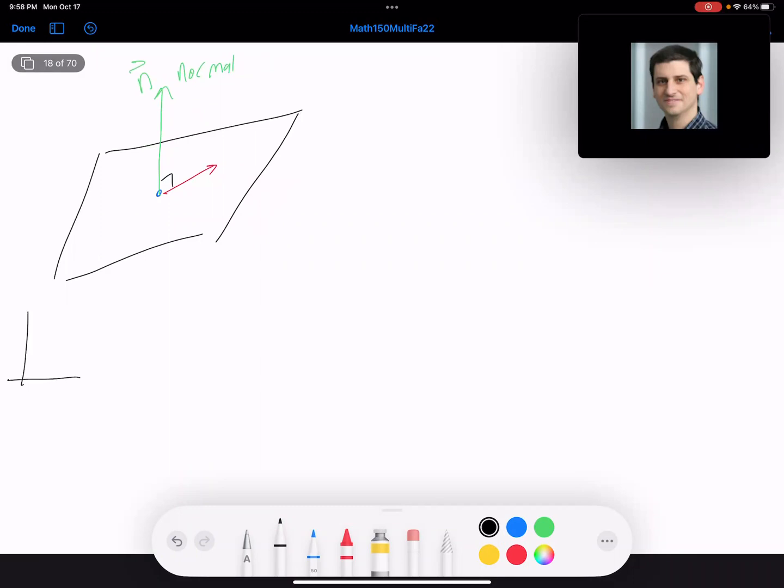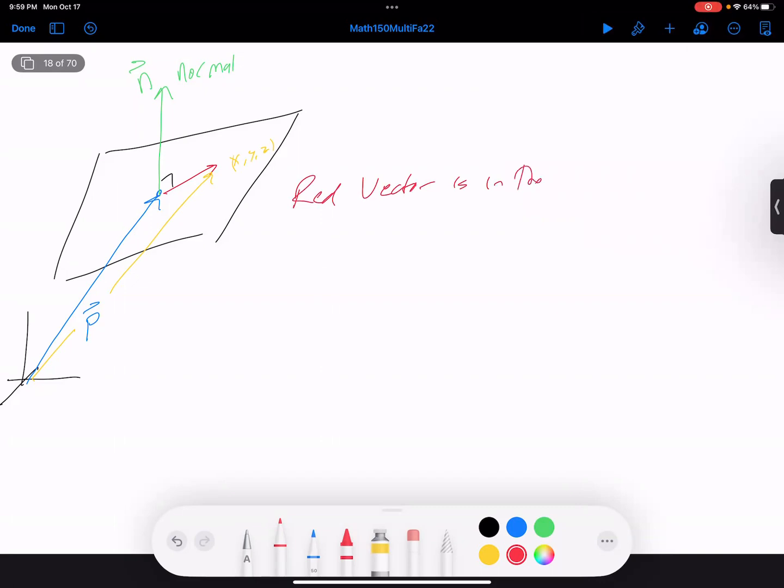Here are my coordinate axes, and here is my vector P, that's my base point. And here is my vector XYZ. If I want to find the red vector, that's a vector in the plane. I've got P to here, and XYZ to here.